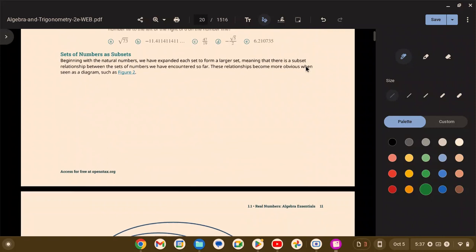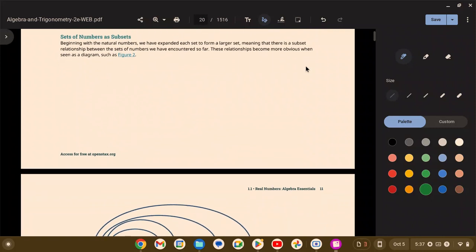Right? Sets of numbers as subsets. Beginning with the natural numbers, we have expanded each set to form a larger set, meaning that there is a subset relationship between the sets of numbers we have encountered so far. These relationships become more obvious when seen as a diagram, such as figure 2.